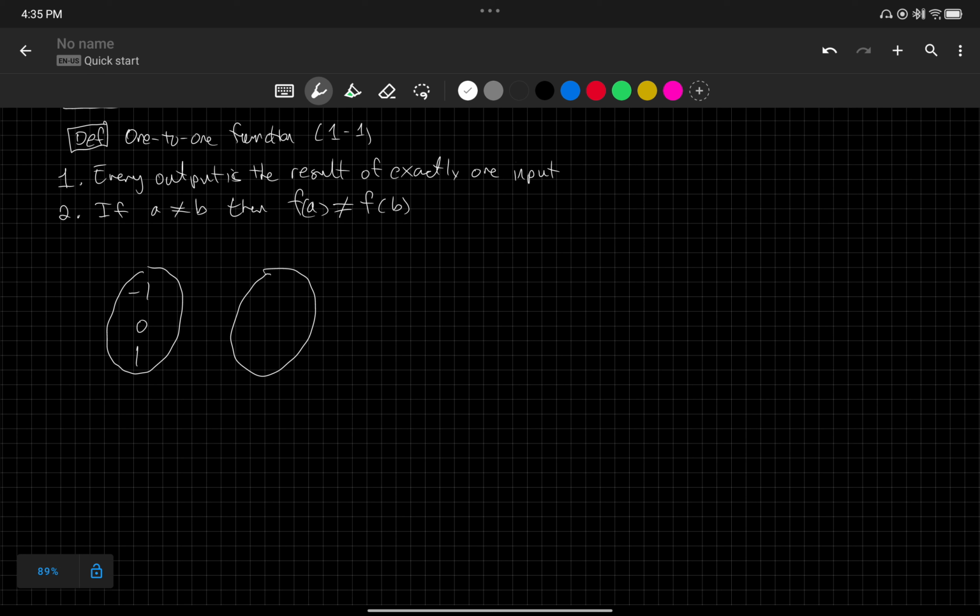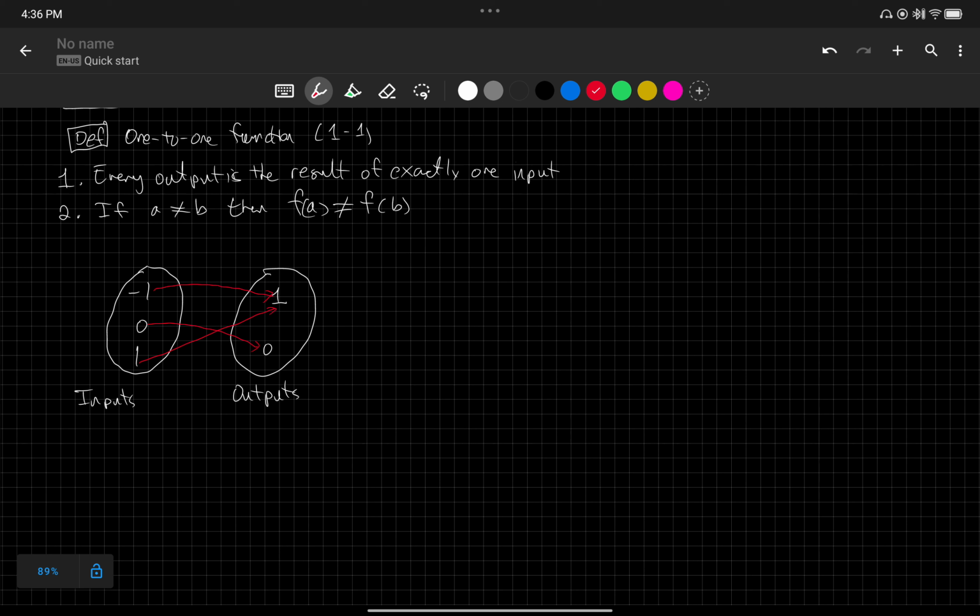This is the inputs, obviously, and these are the outputs. So let's say this is 1 and 0. All right, then the way I'm gonna draw my little arrows, let's say this one goes there, this one goes over here, and this one goes over here.